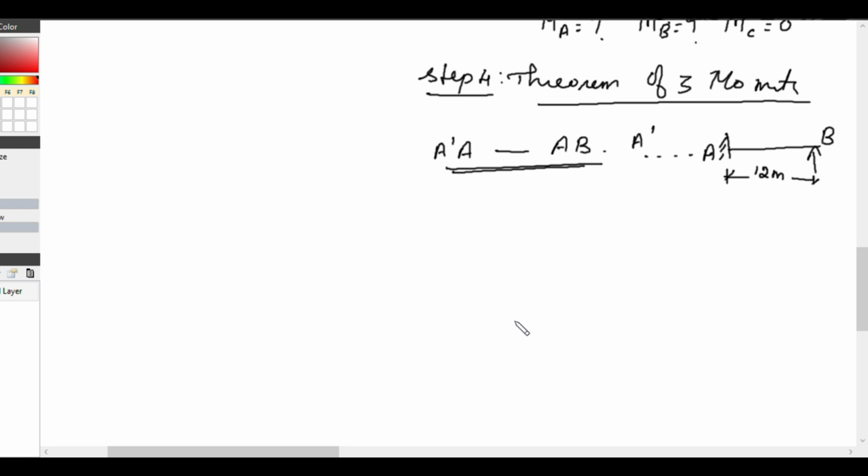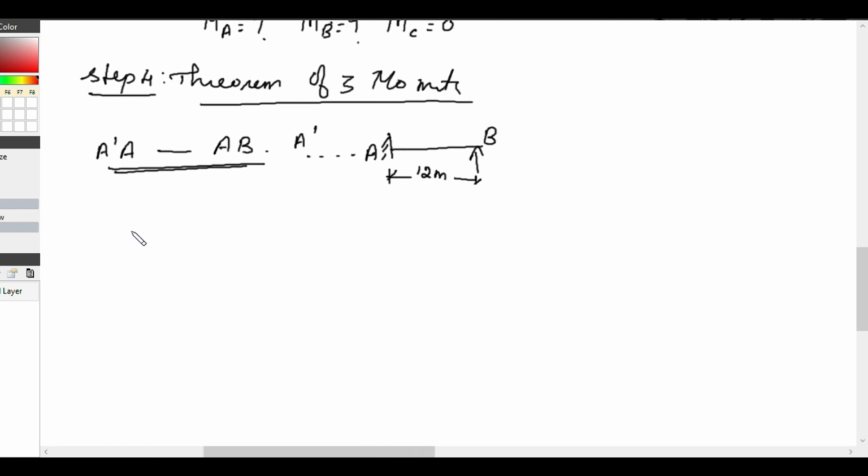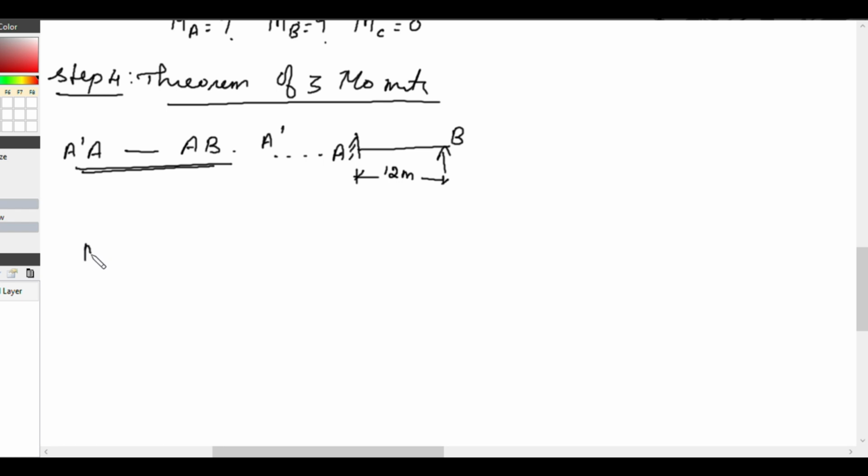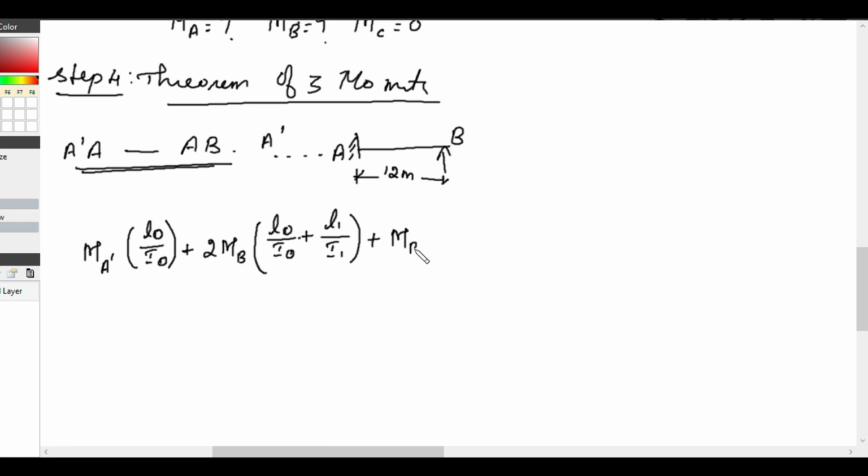Our theorem of 3 moments is MA dash, that is the first support, MA dash into L1 by I1 plus 2 times MB into L1 by I1, sorry, this is imaginary, right? So we will put it as 0. So this is L0 by I0 plus L1 by I1 plus MB into, this is MA.